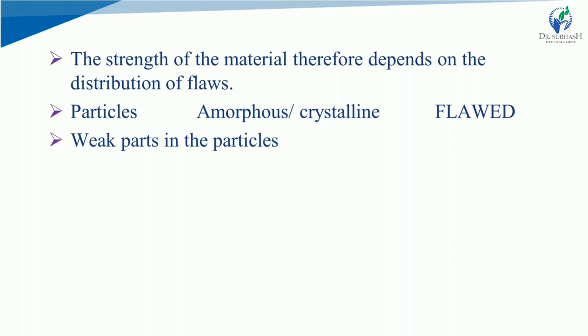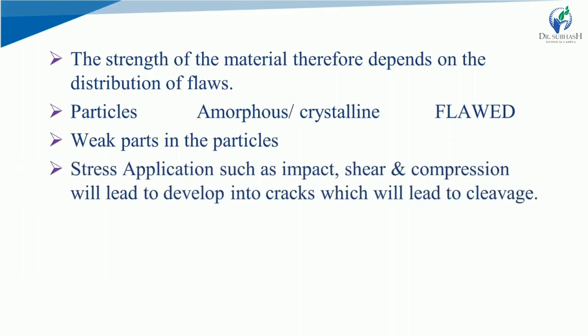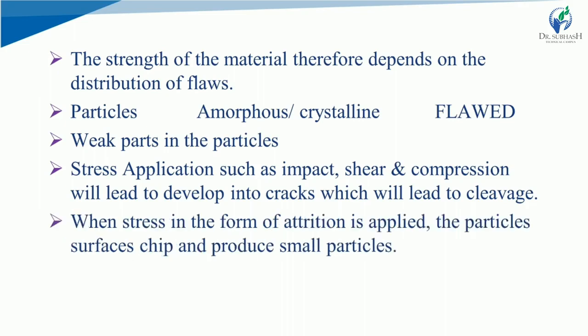Because there are flawed particles, the particles are already weak in reality. If you apply stress such as impact, shear, compression, this will develop into cracks which will lead to cleavage. When stress in the form of attrition is applied, the particle surface chips and produces small particles. This is how exactly size reduction works.